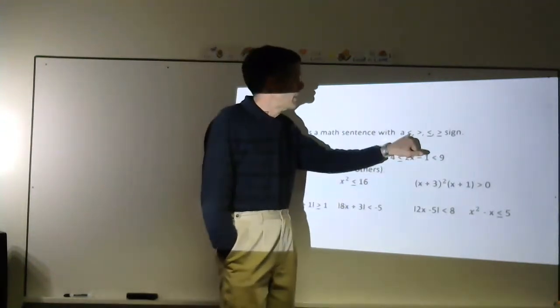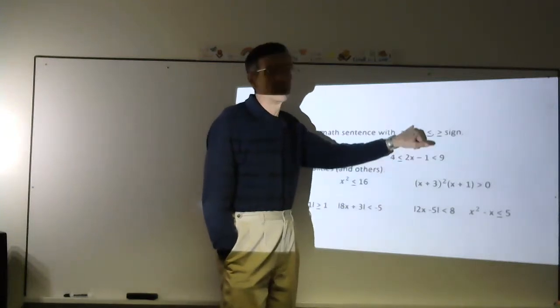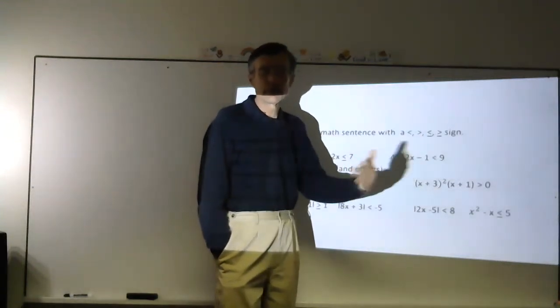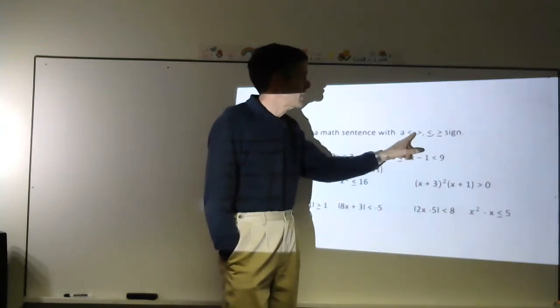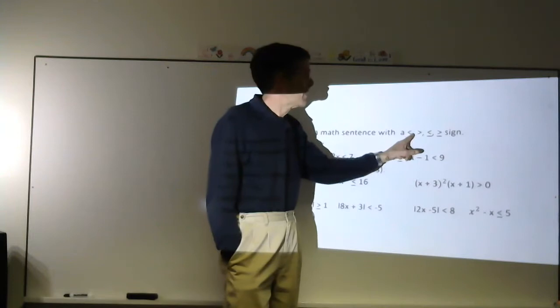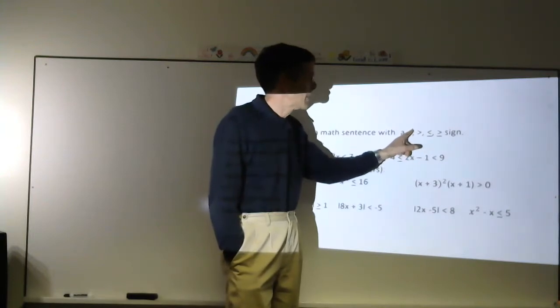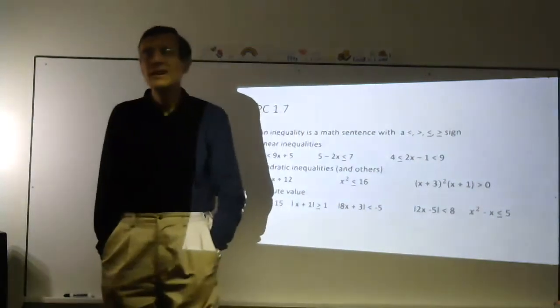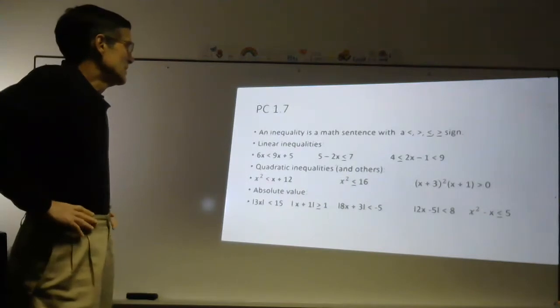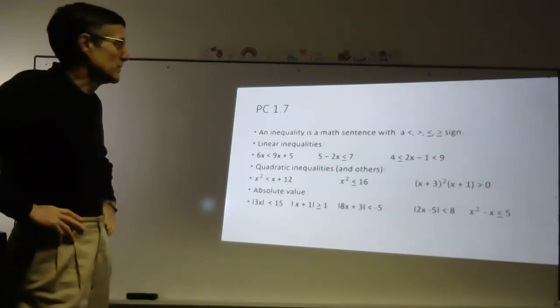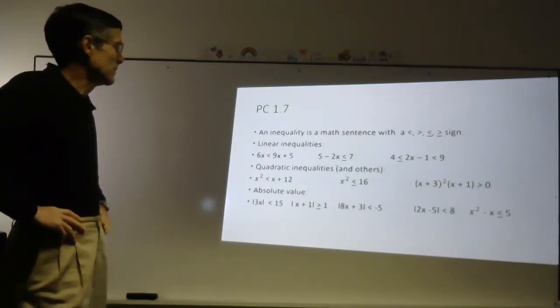One looks like a capital L, and L is the first letter in the word less than. Somebody once told me that it looks like a mouth. A big mouth eats the big number. So the big mouth here eats the big number, the big mouth here eats the number on the left, and so on. There's a variety of ways that you can remember how it's read, less than or greater than, and hopefully you won't have any trouble with that.